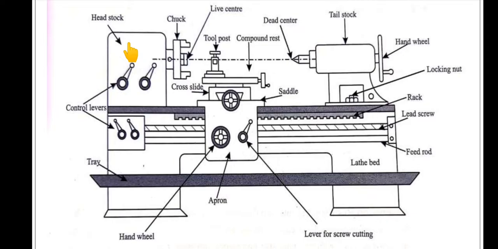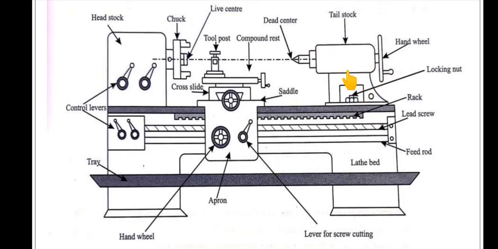What does stepped pulley mean? For different operations that I will discuss later, we have to reduce the speed of the chuck, the rotating member, so that we can control the speed of the workpiece. For that we use different kinds of steps in a pulley to maintain the speeds. Next, coming to the tailstock.